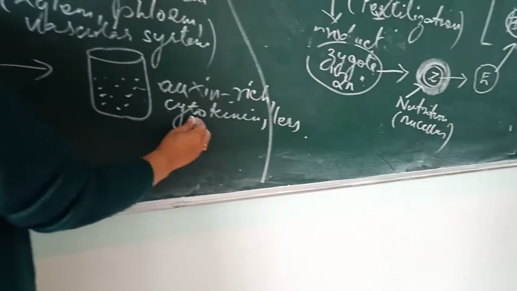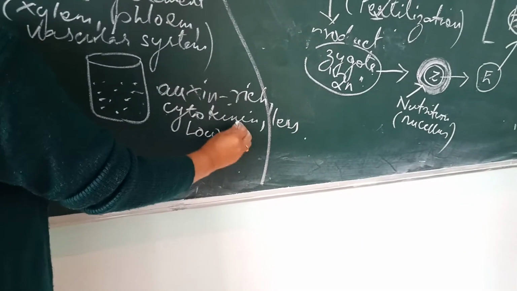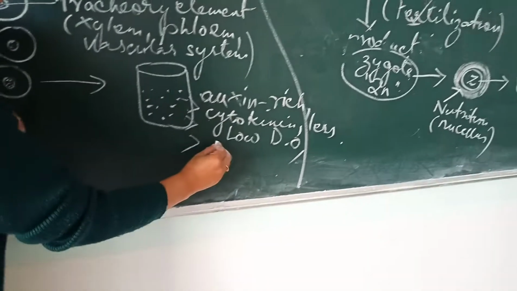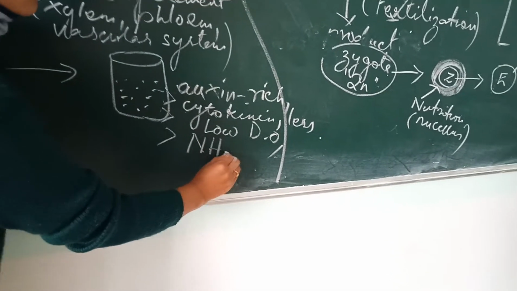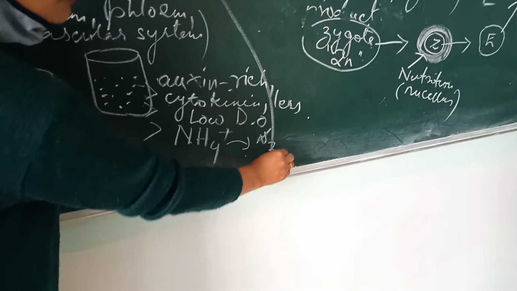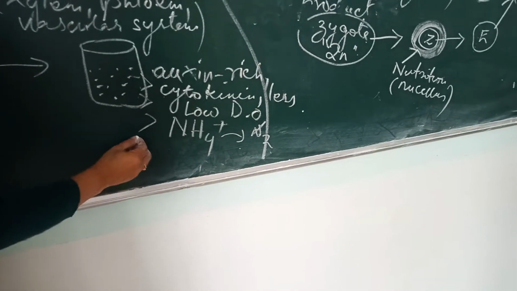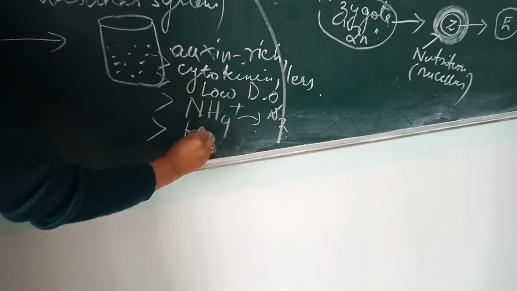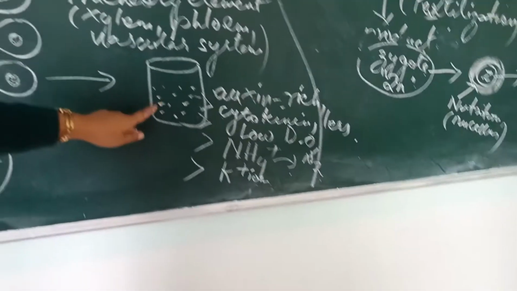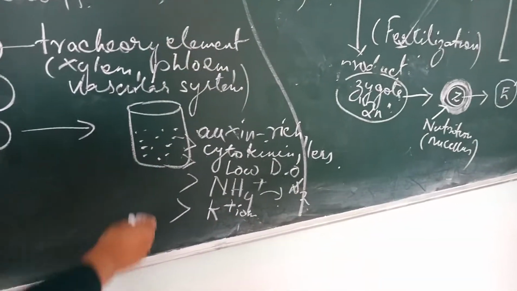It contains a low amount of dissolved oxygen. Then it contains nitrate, ammonium nitrate, which is a source of nitrogen. And then it also contains potassium ions. He prepared this auxin rich media.